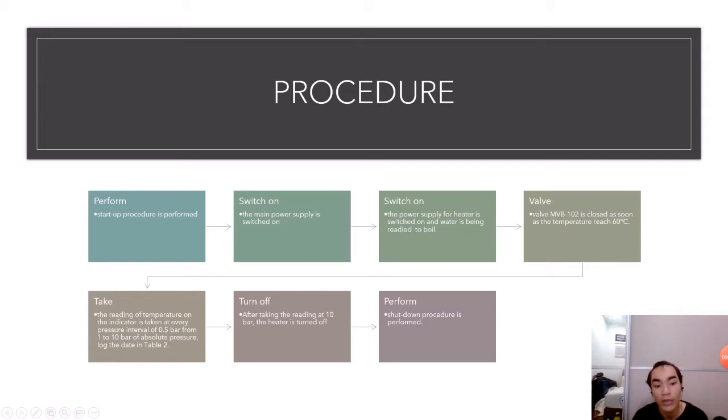Then we have to take the reading of the temperature and record the data obtained. Next is to turn off the heater as soon as the reading is at 10 bar, and perform the shutdown procedure.